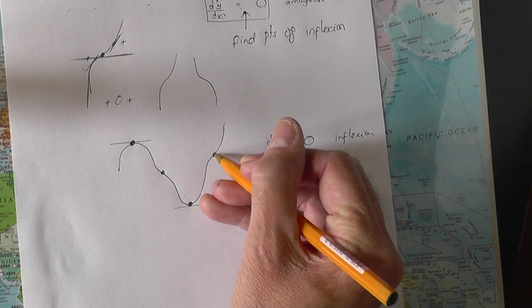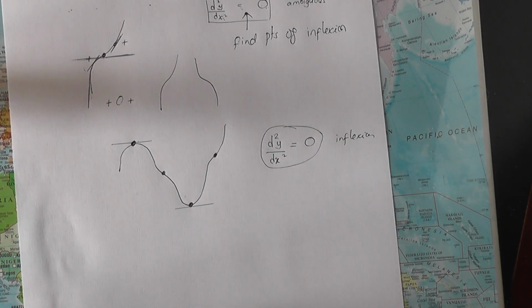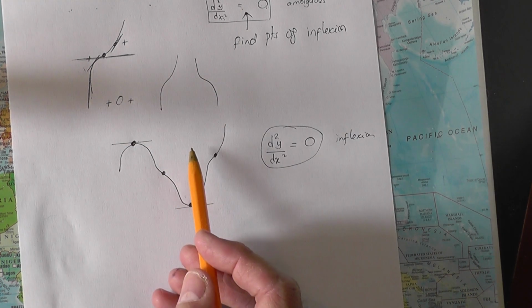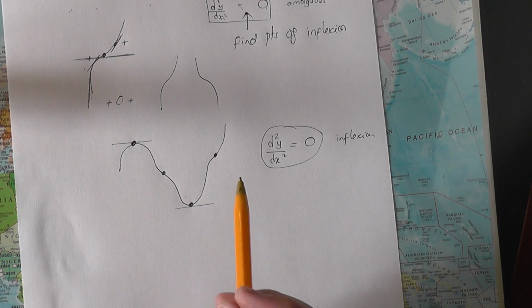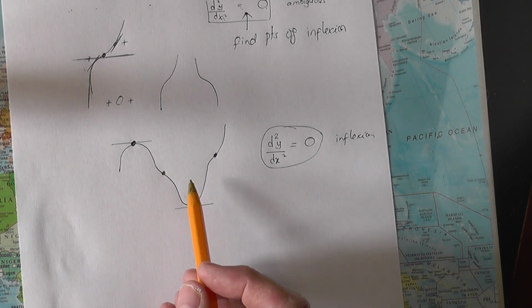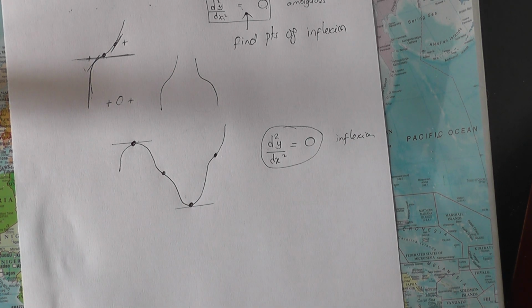So this here and this here would be identified from that equation, and they don't necessarily have to be, and in fact they're not in that picture, stationary points. Now I hope I haven't confused you with all this information. In the next video I'll show you with an example how it works and show you it's not as confusing as it might first appear.